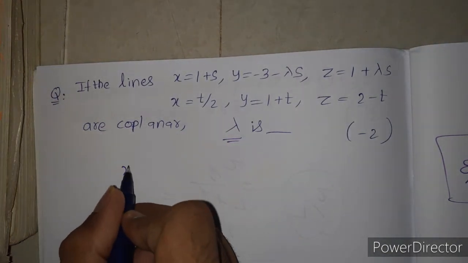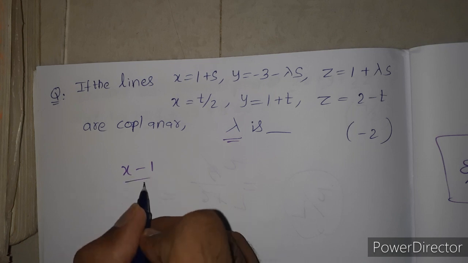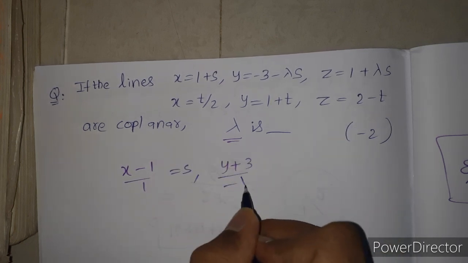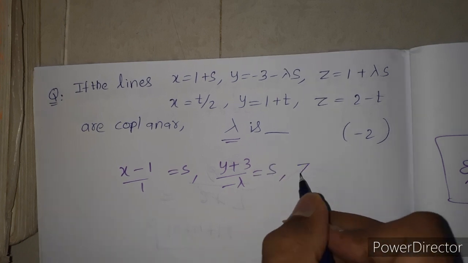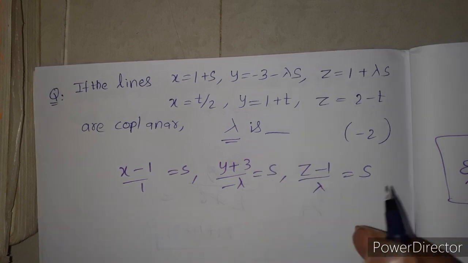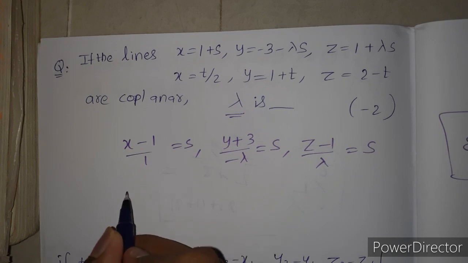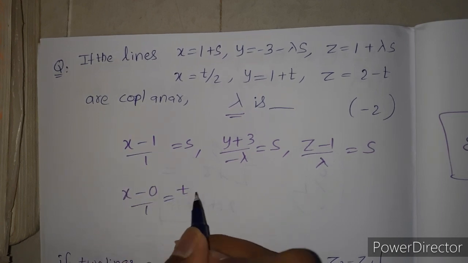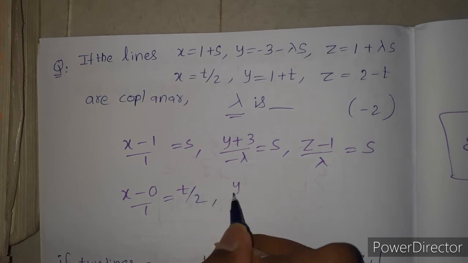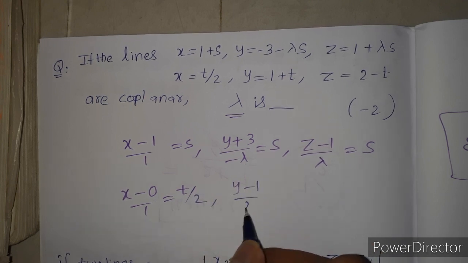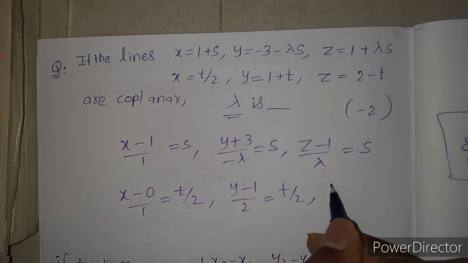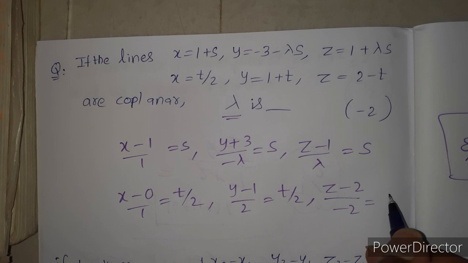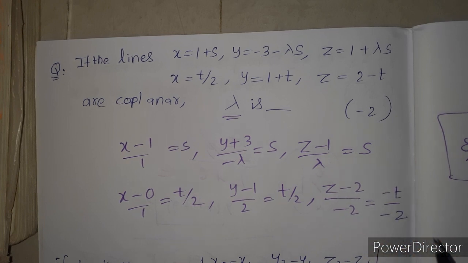So the first one, (x minus 1) by 1 is equal to s, (y plus 3) by minus lambda is equal to s, (z minus 1) by lambda is equal to s. And the second equation, (x minus 0) by 1 is equal to t by 2, (y minus 1) by 2 equal to t by 2, (z minus 2) by minus 2 is equal to minus t by 2.